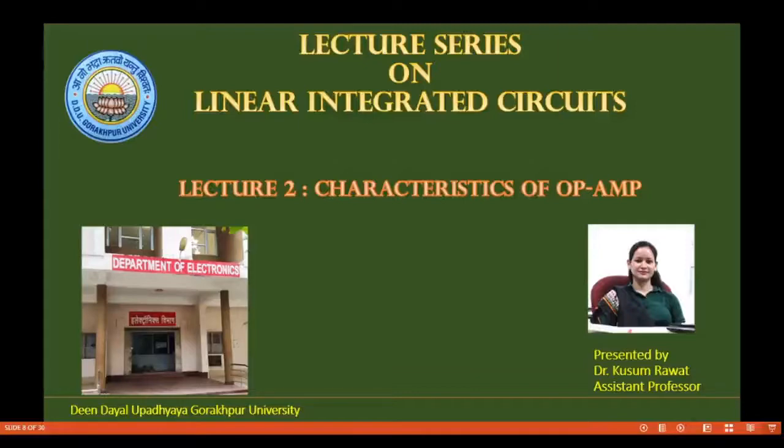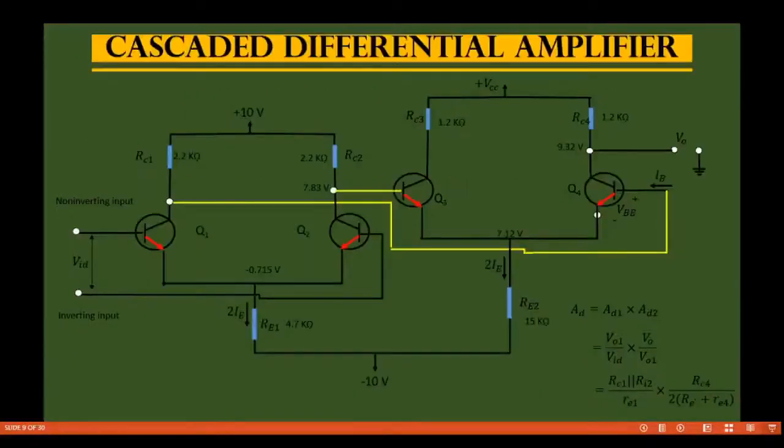So in continuation of that lecture, I would like to discuss with you the cascaded differential amplifier. As you can see in this diagram, we have a two-stage amplifier. In the first stage it has dual input balanced output.